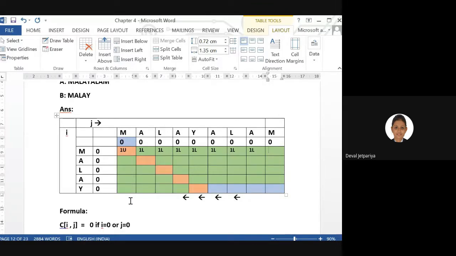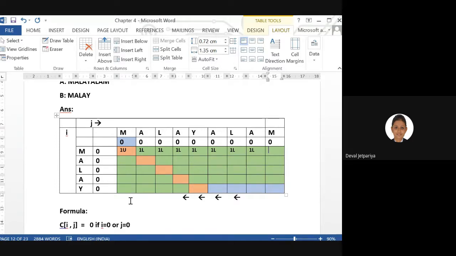M and N. That means there is a matching. So in case of matching, what we need to do? We need to add diagonal plus 1. But what should be the sign? What should be the reference? How is it 10, I am not getting. Can anyone elaborate? Because so many students are writing 10.